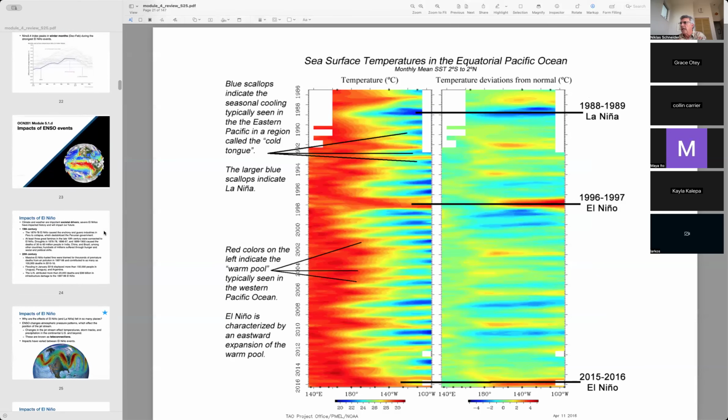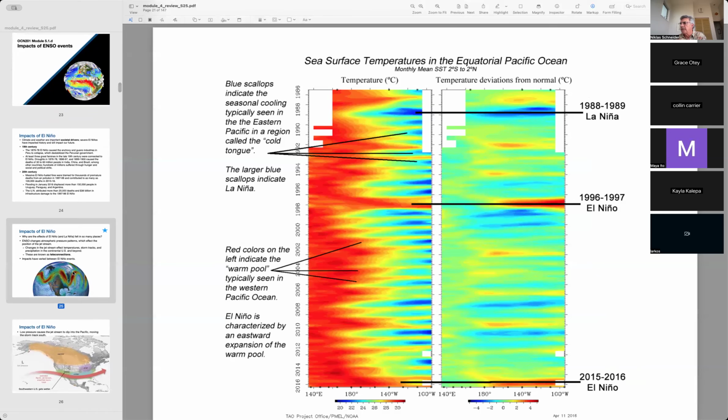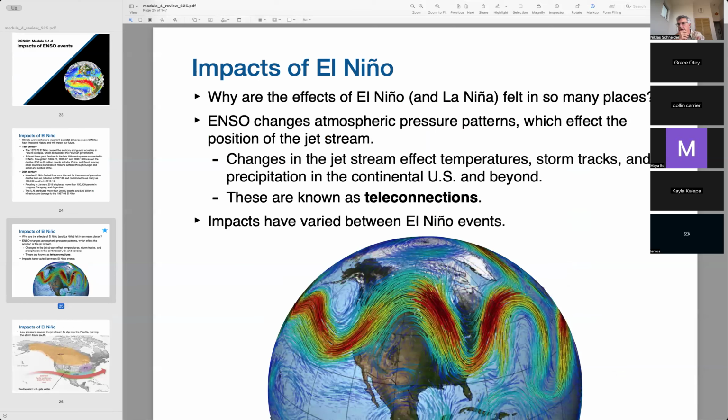Okay, so these El Nino variations, as I said, they rearrange the tropical system. They rearrange where the centers of deep convection are located. And that is generating processes in the atmosphere that communicate the changes in the tropical Pacific to around the globe.